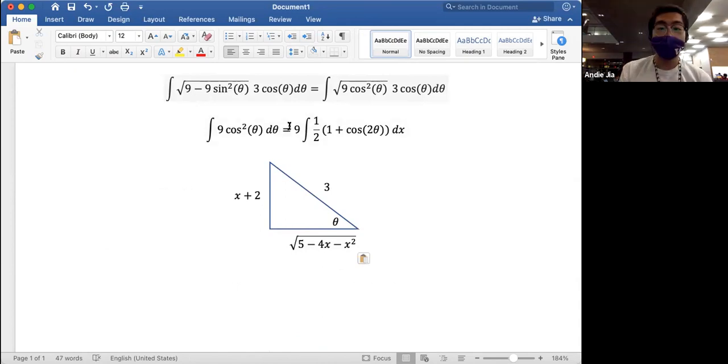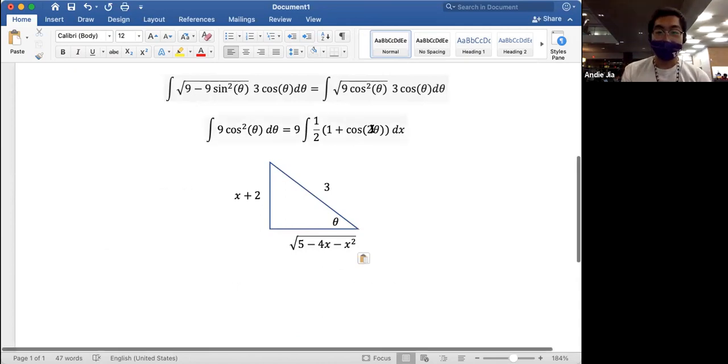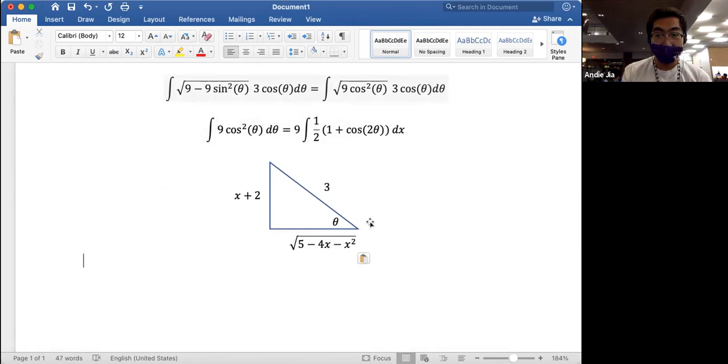And then just evaluate the integral, just rewrite this. Theta is going to be arc sine of the side, so theta is arc sine of this over this. That is the angle.